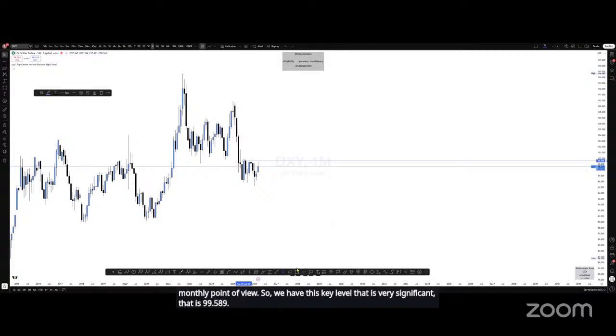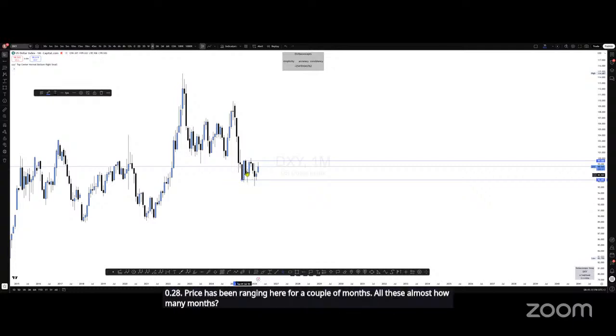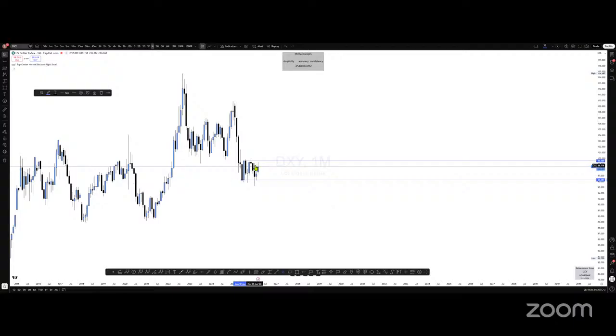And we also have this key level, 96.28. Price has been ranging here for almost 9 months. So we're in the month of March.